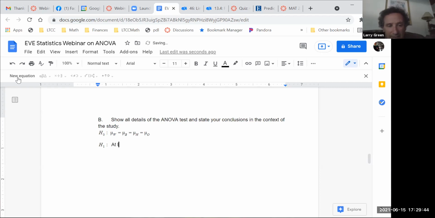So at least two races have different population means distances from the nearest library. Any questions on this?